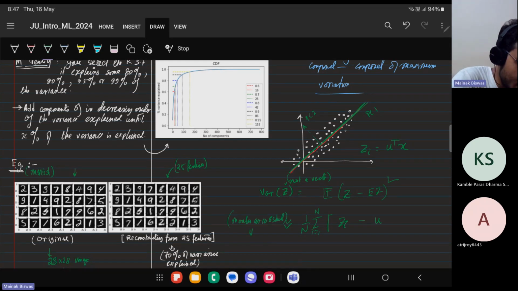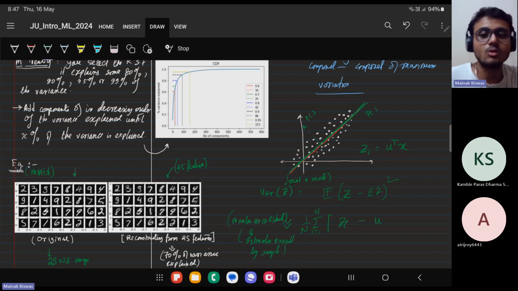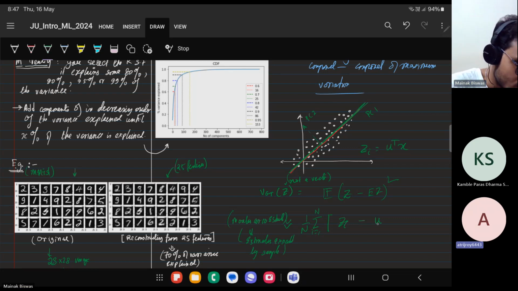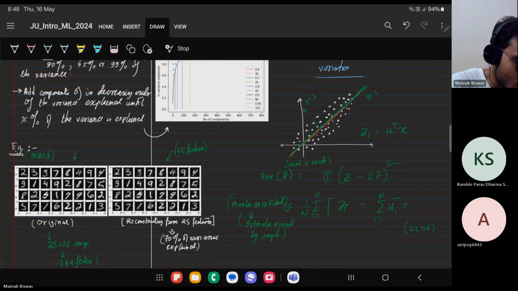That is estimating expectation by samples. Can you tell me what is the law that allows us to use sample mean instead of actual mean? Law of large numbers. Yes. Good. We have shown that also. Okay, this is okay.